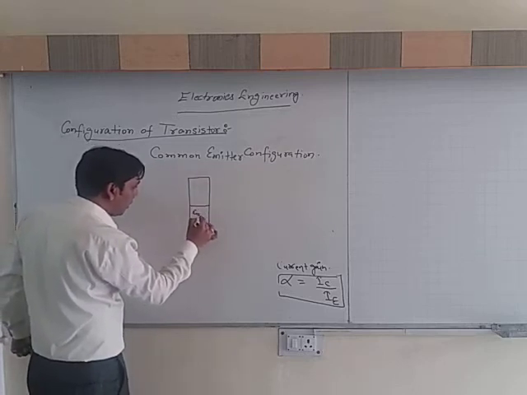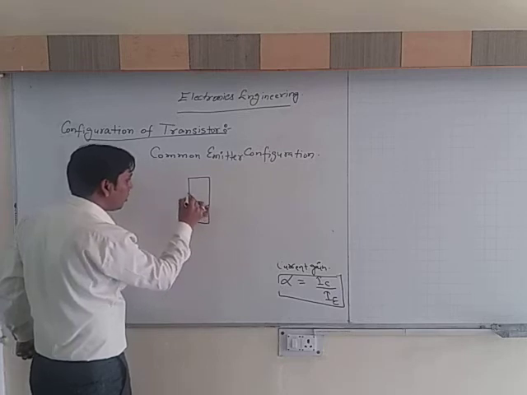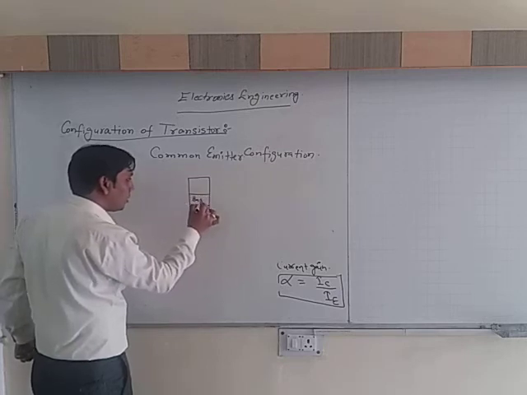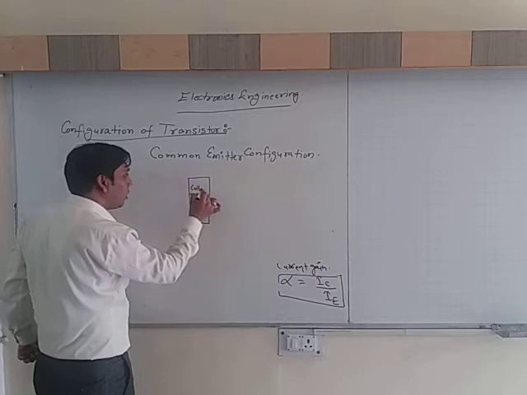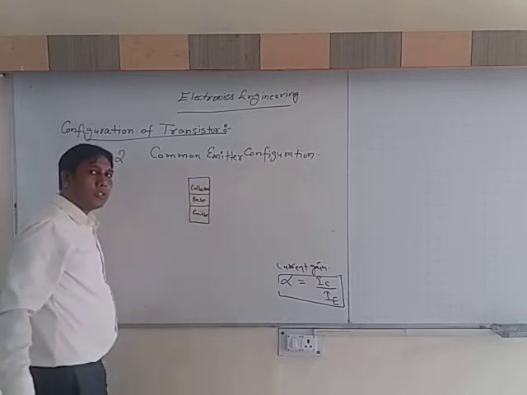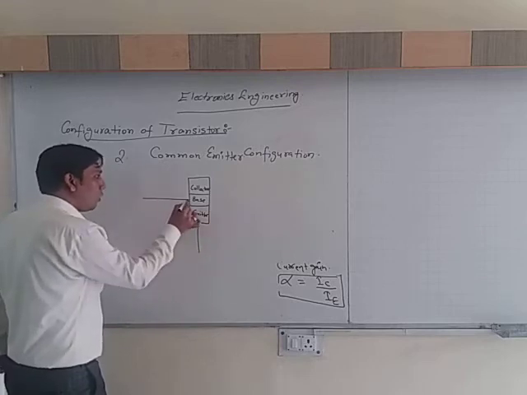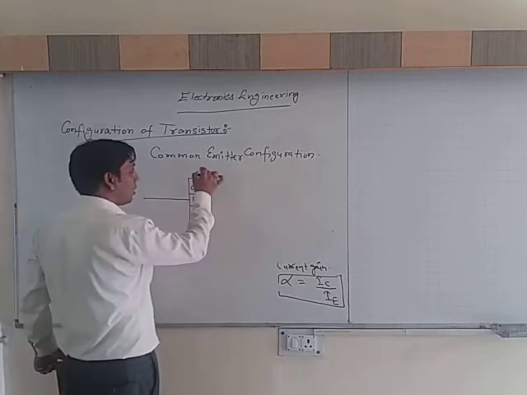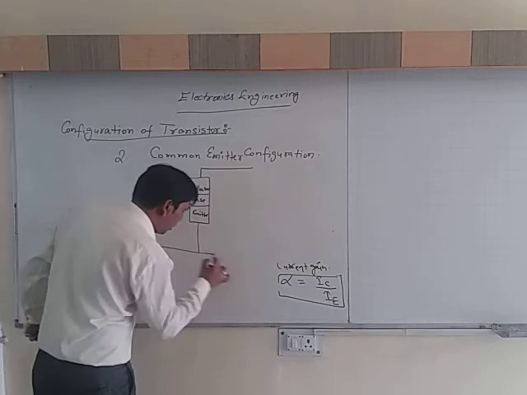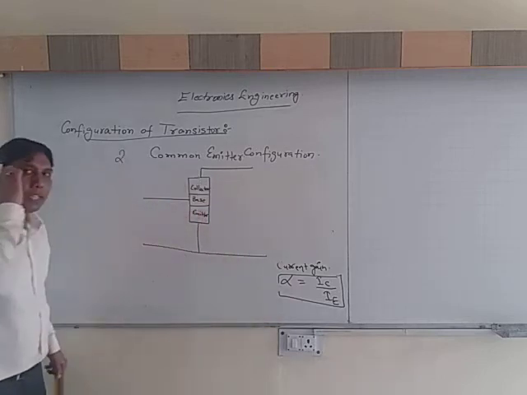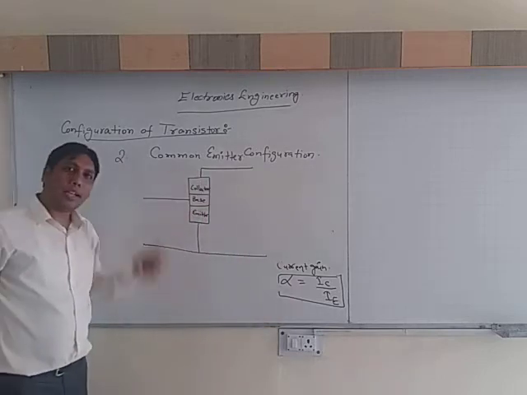This will be the emitter, it will be base, and it will be collector. Since the emitter is common, we will just connect the emitter with base and collector.